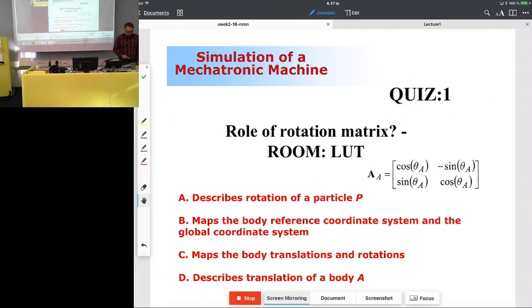It maps the body reference coordinate system and the global coordinate system. That's the second option. Third option, maps the body translation and rotation. And describe the translation of body A. Out of the 4 choices, only 1 is correct.